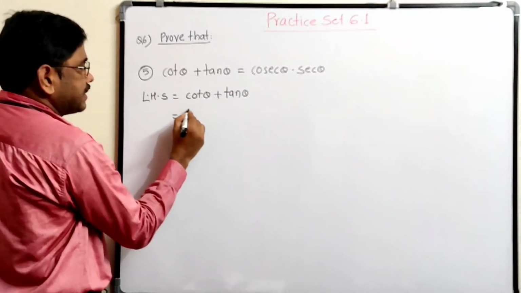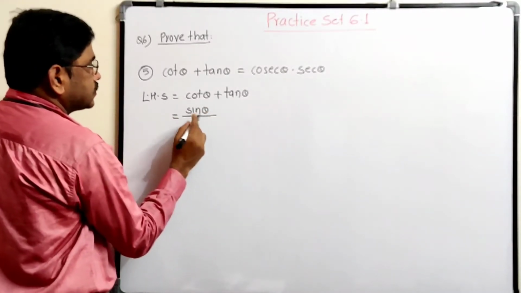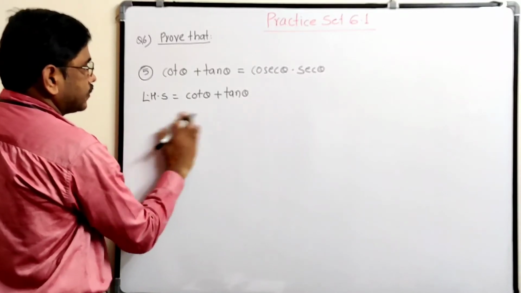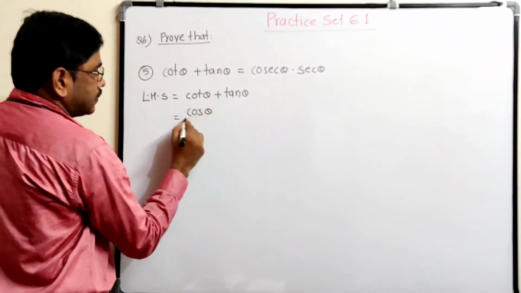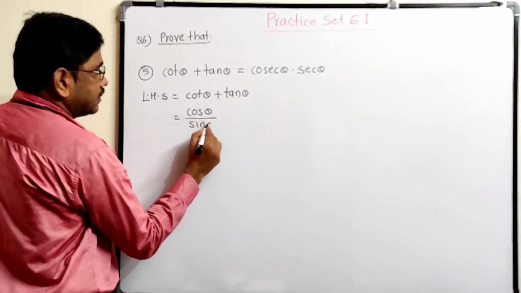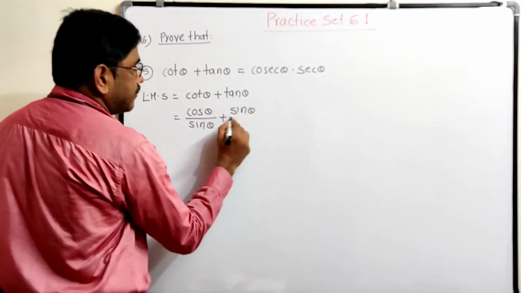So is equal to, cot theta is cos theta divided by sin theta, and plus this tan theta is sin theta divided by cos theta.